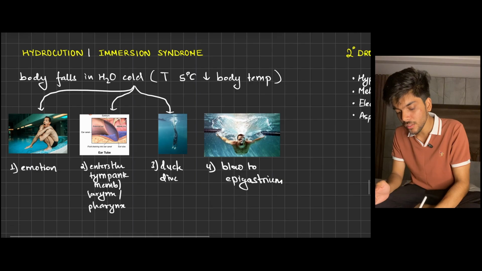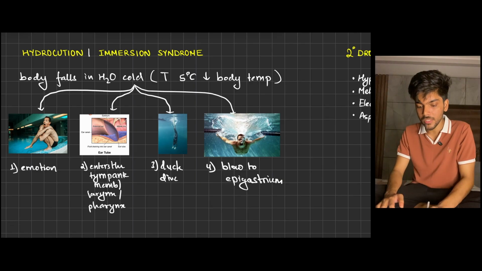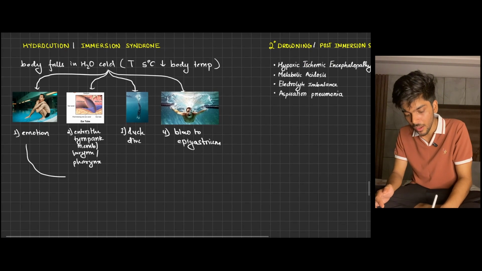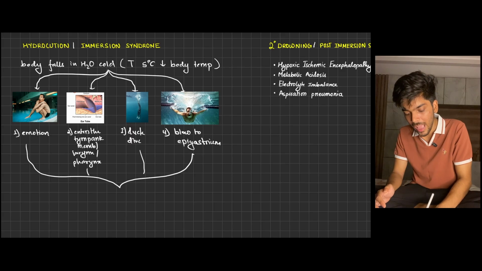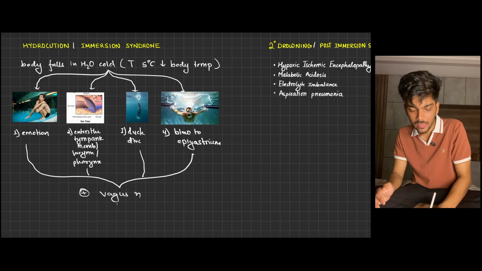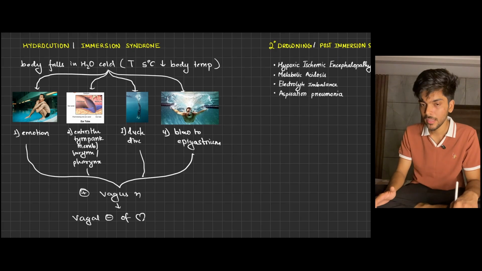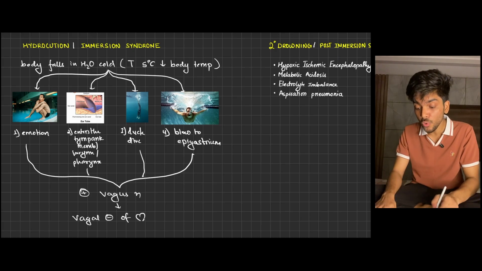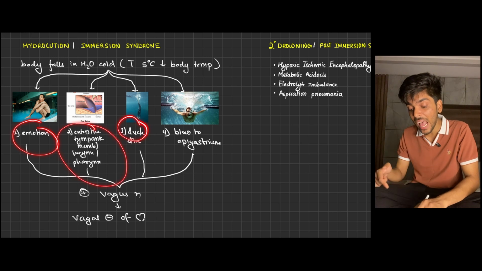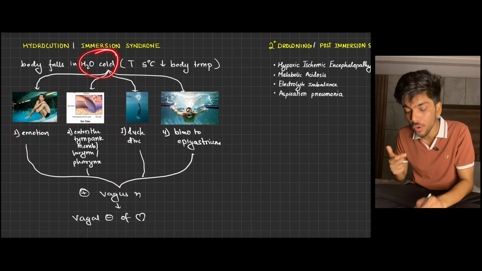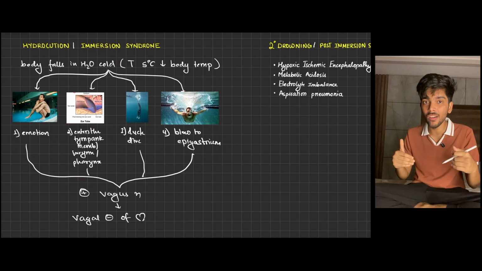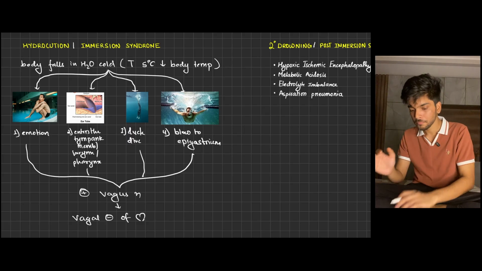In all these cases, eventually they all lead to activation of the vagus nerve, that leads to vagal inhibition of the heart and eventually death. So here death is occurring due to various mechanisms that are a result of cold water, not the entry of water, but due to the coldness of water.